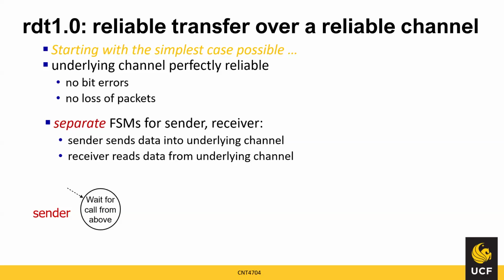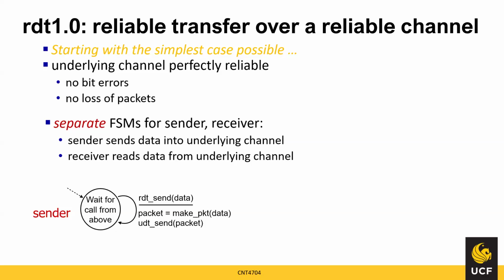So we have separate FSM messages and states that would appear. We would use those in the sender and receiver. The sender itself is in a state that is waiting for a call from above. The sender would wait for data coming from the application and pass it down.